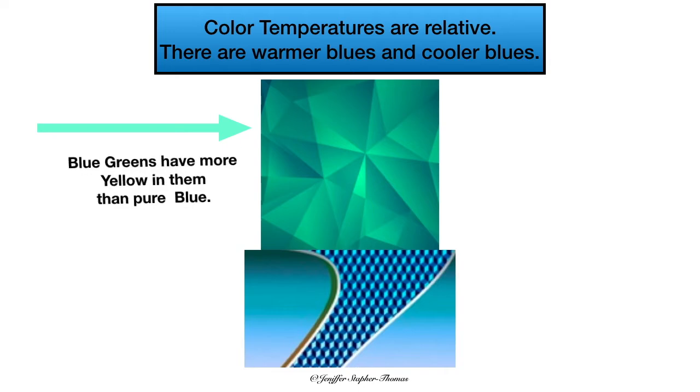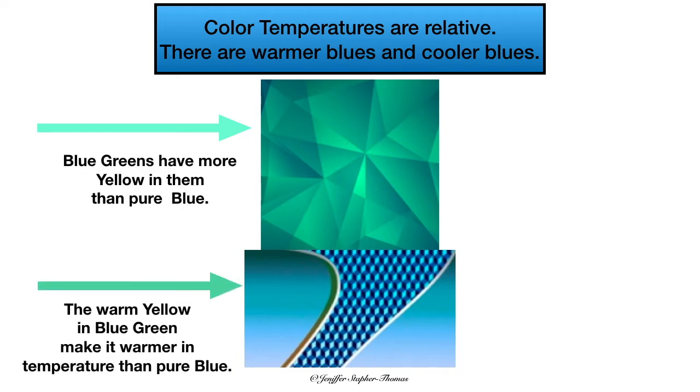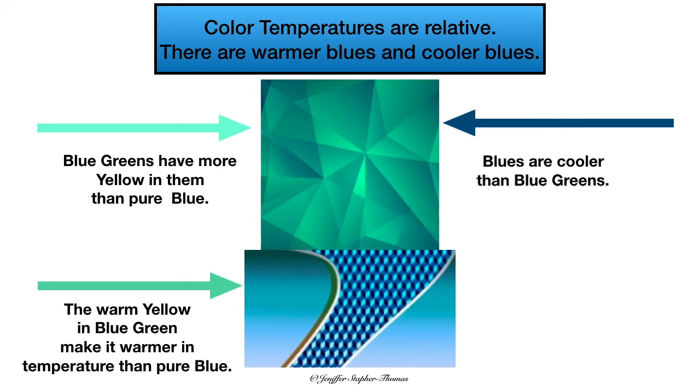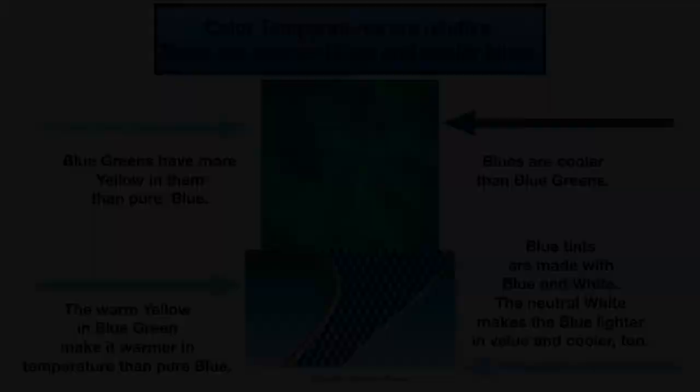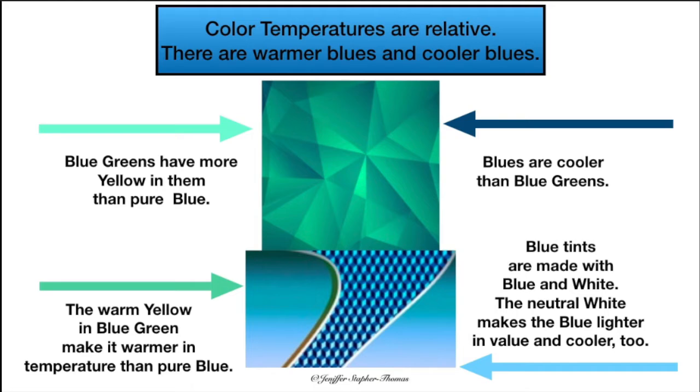Color temperatures are relative. There are warmer blues and cooler blues. Blue-greens have more yellow in them than pure blue. The warm yellow in blue-green makes it warmer in temperature than pure blue. Blues are cooler than blue-greens. Blue tints are made with white, and the white also makes it appear cooler.